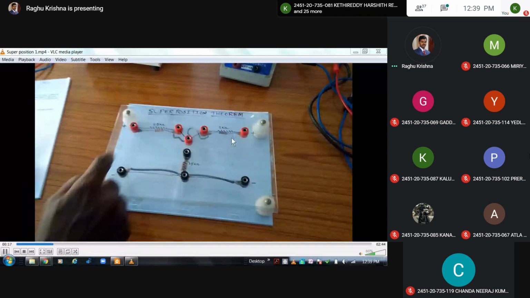Here you can connect a voltage source at these two terminals, or you can connect another voltage source at these two terminals, or you can connect both the voltage sources here, and you can measure the current flowing through this branch by using an ammeter between these two points.